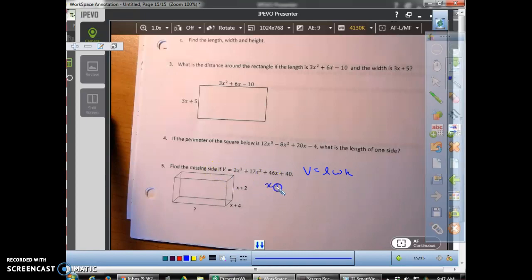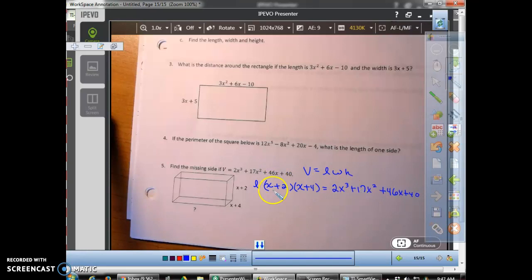So I know x plus 2 times x plus 4, and then let's let this be the length here, is equal to 2x cubed plus 17x squared plus 46x plus 40. Now I really need to divide by both of these. I could multiply them together and then divide, but then I'd have to do long division.